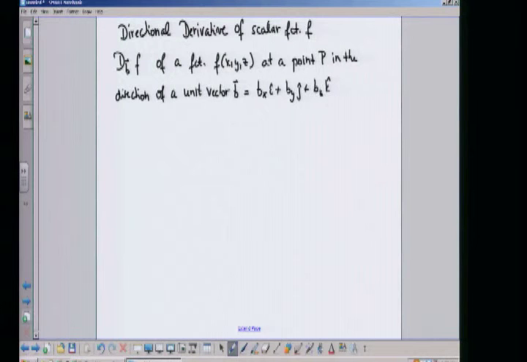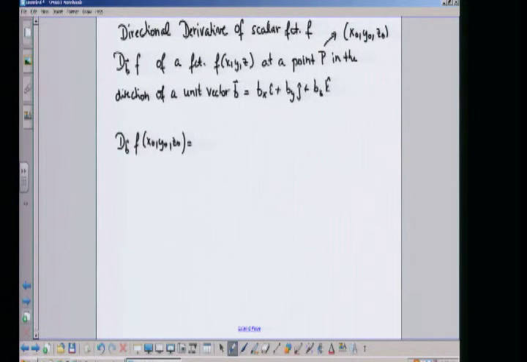So the directional derivative at a point P in the direction of a unit vector is defined to be the following. We write dB of f at a point x0, y0, z0. Okay, so this point P is specified by the three coordinates at this point.